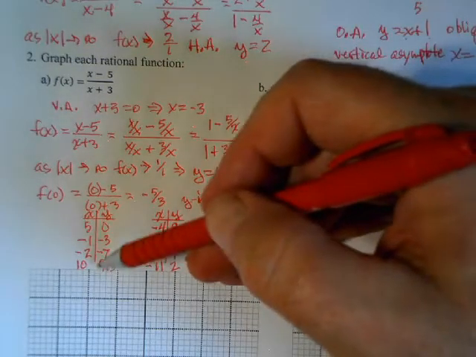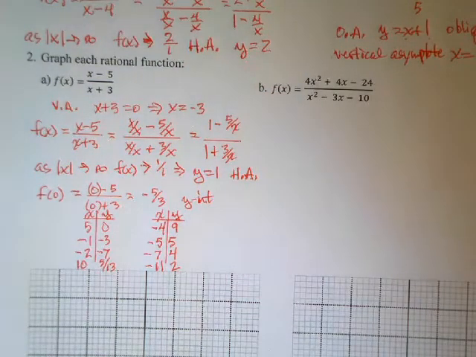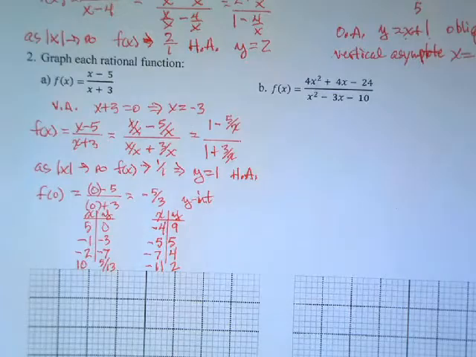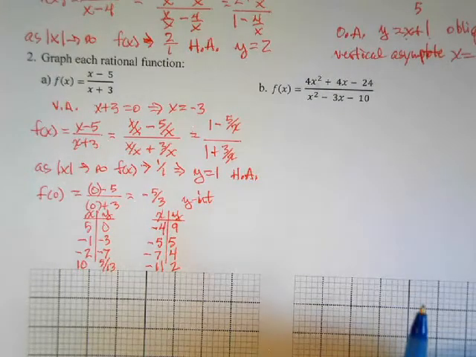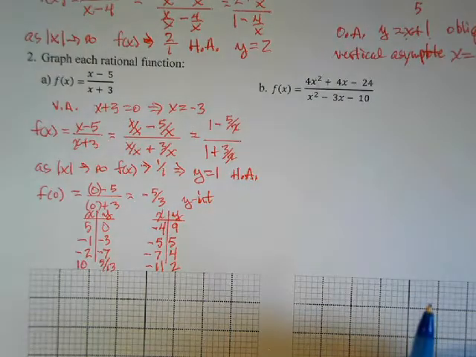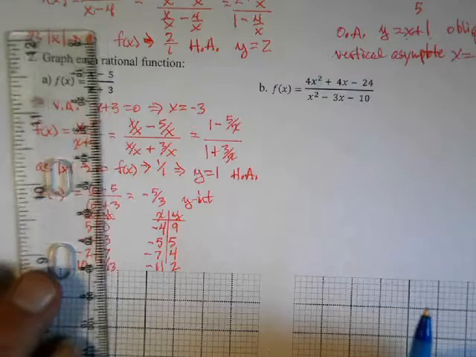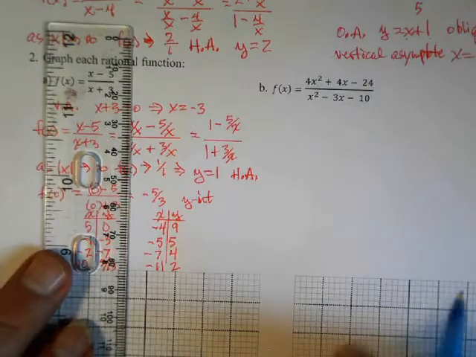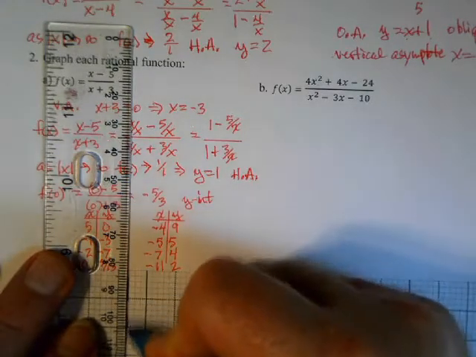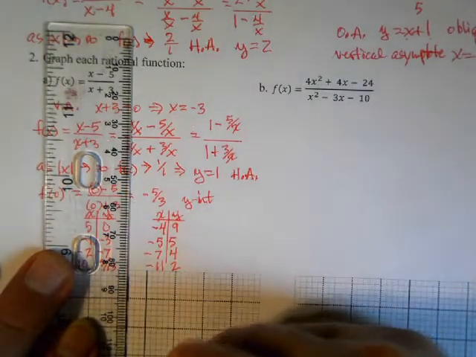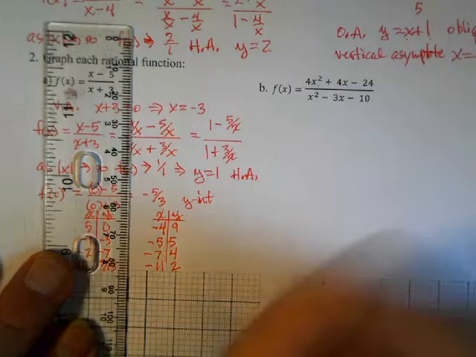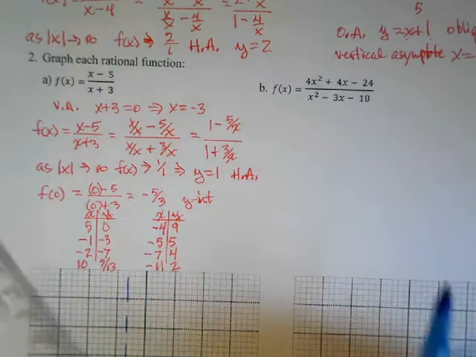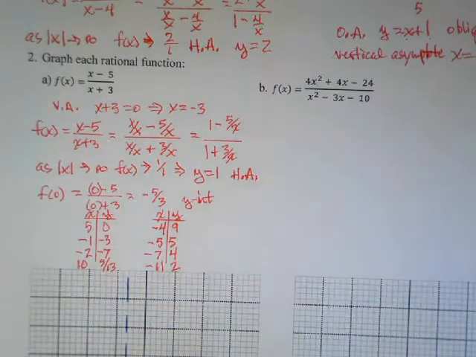All right, so I have a vertical asymptote at x equals negative 3. So that's going to be right here. So I know my graph can't cross there. And I'm going to have a horizontal one at y equals 1. So it's going to go right there.